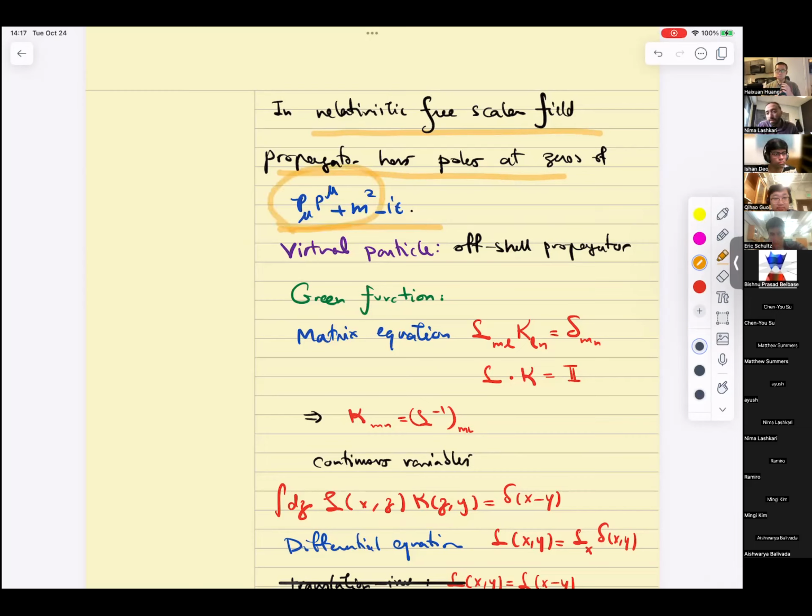When it's not zero, we call that an off-shell propagator. Another name for it is a virtual particle. So when people talk about a virtual particle, what they mean is an off-shell propagator. That's the only meaning that you could associate to a virtual particle. There are no virtual particles. Particles correspond to poles of the propagator in momentum space. When it's off-shell, then you call it a virtual particle.